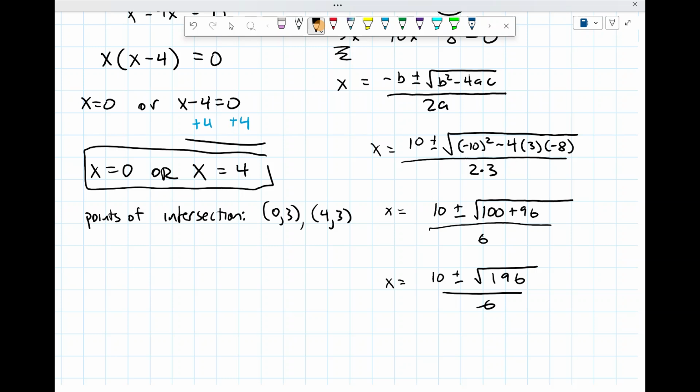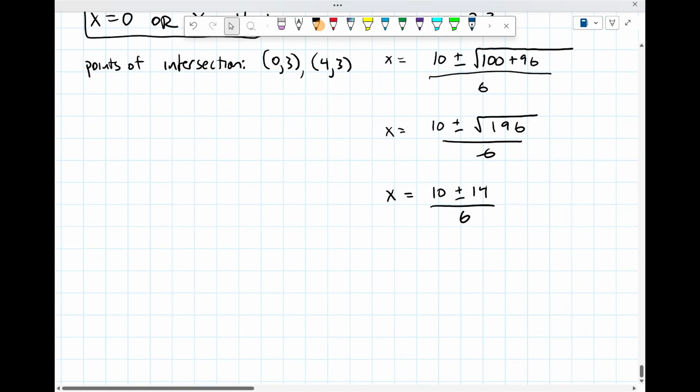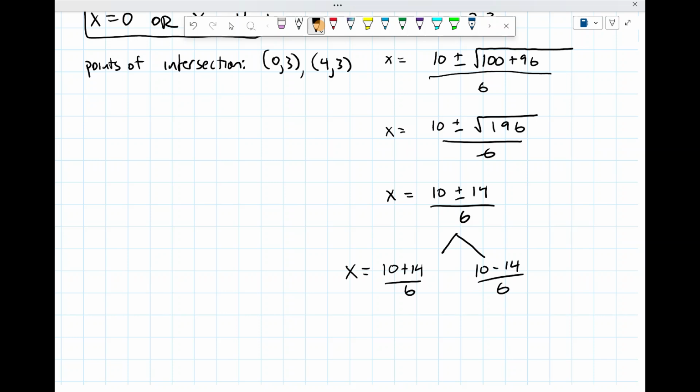Now, I'm going to take the square root of 196. It actually ends up being a whole number. The square root of 196 is actually 14. And so now I split this into two solutions. x equals 10 plus 14 divided by 6 and 10 minus 14 divided by 6.